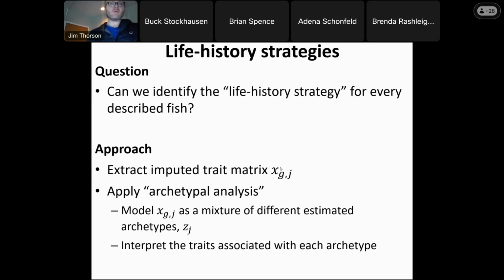Just to play this out, we also use this archetype analysis, which Laurent Pécuchet has also used. It basically models, we have these imputed traits for all fishes, and then we run that through and make all fish a mixture of 3, or an unknown number of, traits or archetypes. And we selected 3.